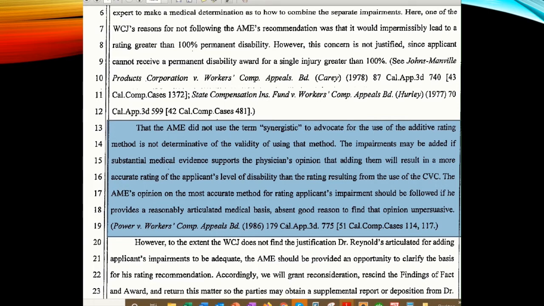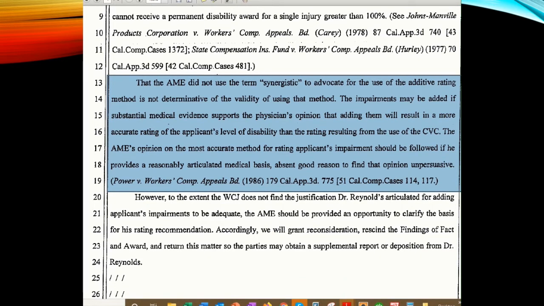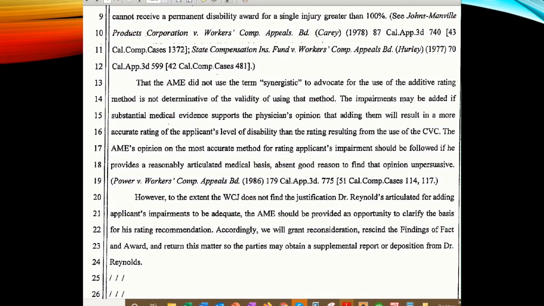The AME's opinion on the most accurate method for rating applicant's impairment should be followed if he provides a reasonably articulated medical basis, absent good reason to find that opinion unpersuasive. So in this case, even though the qualified medical evaluator provided an additive impairment rating, and even though he explained it, as I pointed out earlier, his explanation as to how and why he chose the additive method versus the combining method was not all that persuasive.